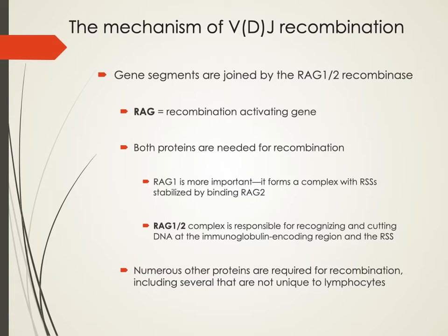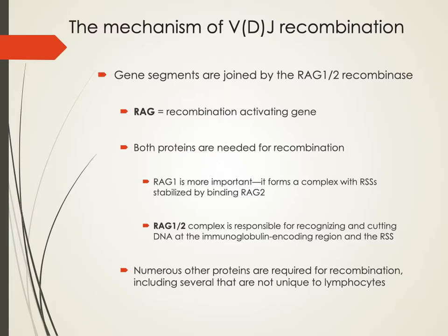So RAG1 is more important because it's going to form a complex with the recognition signal sequence, and it helps to stabilize by binding RAG2. So this RAG1 RAG2 complex is responsible for the recognition.